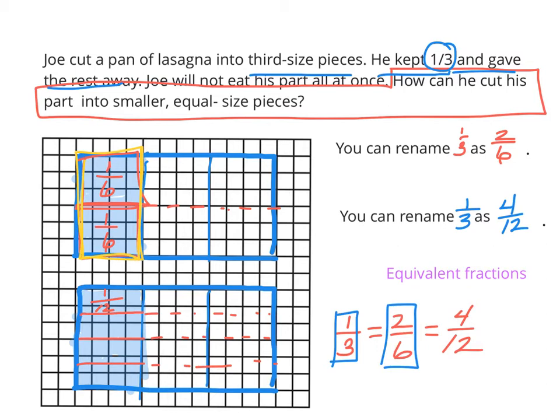Now, describe how the numerators are related and how the denominators are related in 1/3 and 2/6. Pause this video and describe to your partner how the numerators are related and how the denominators are related in 1/3 equals 2/6.